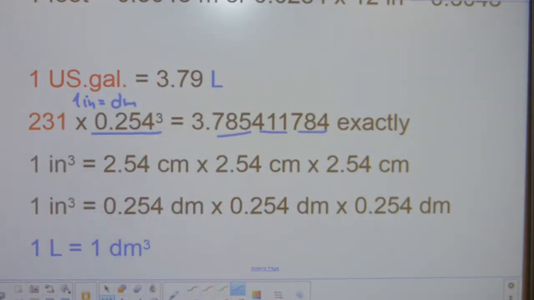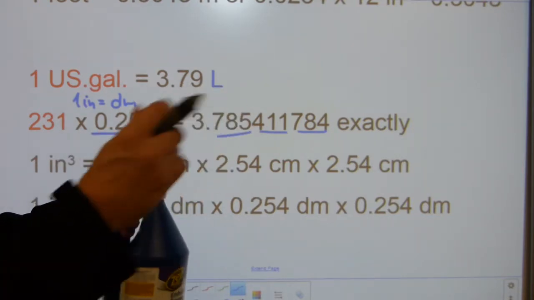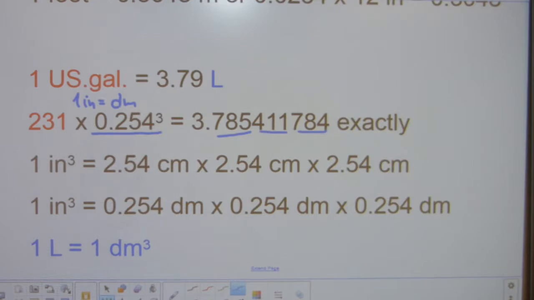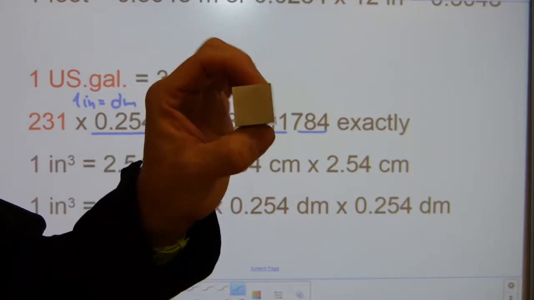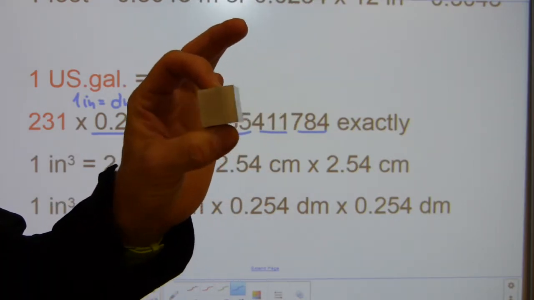Okay. Where the 231 comes from is very straightforward. It's within the internal logic of the US Customary system that 231 cubic inches make up a US gallon. A cubic inch is a cube, like this. A cube, but this is made of aluminum.